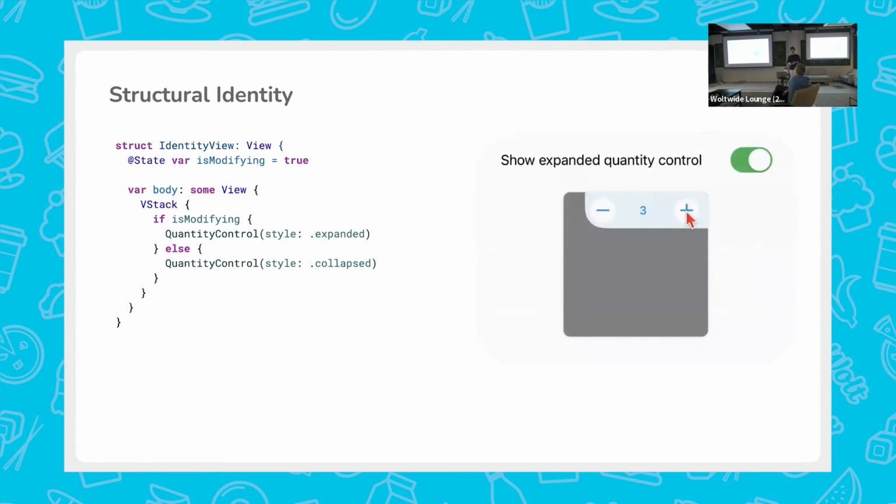Moreover, if quantity control has its own state that it is keeping track of, for example this quantity, you can see from the GIFs that I'm toggling on, modifying the quantity, switching it off, and switching it on again, and the state is lost.